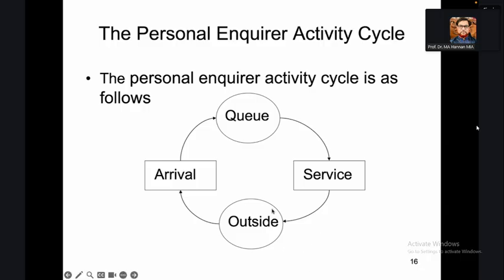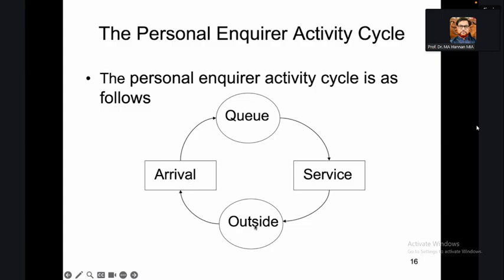So he was outside. He arrived at the counter. He or she is in the queue. Okay. Then he or she is given services. So we are talking only about the personal inquirer. The personal inquirer was somewhere, arrived in the queue, and services.